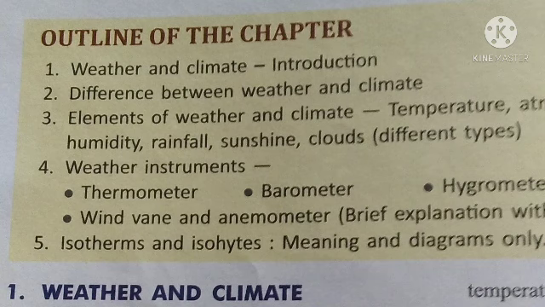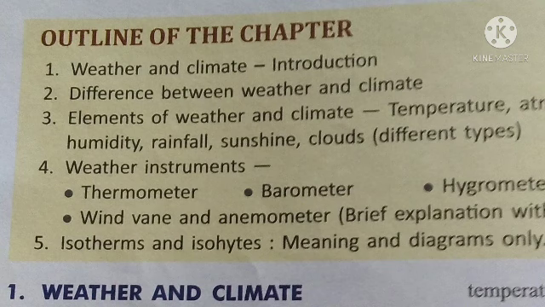Temperature is the measure of how hot or cold a thing or a place is. Temperature also depends upon various factors like latitude, altitude, nearness to the sea, ocean currents, soil, wind, season, time of the day, and eruptions.